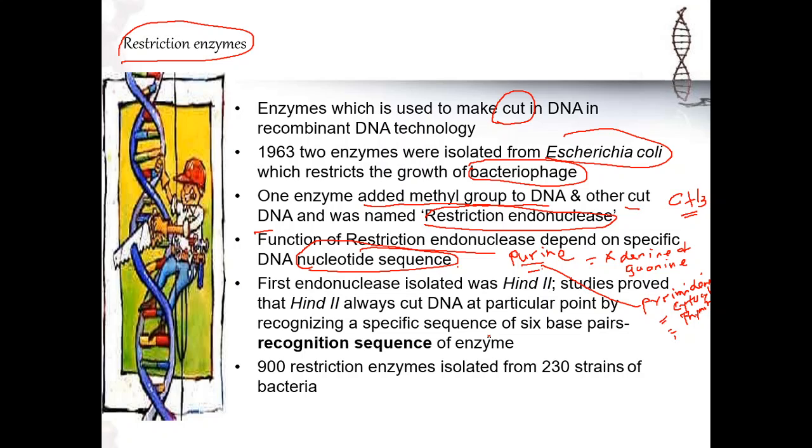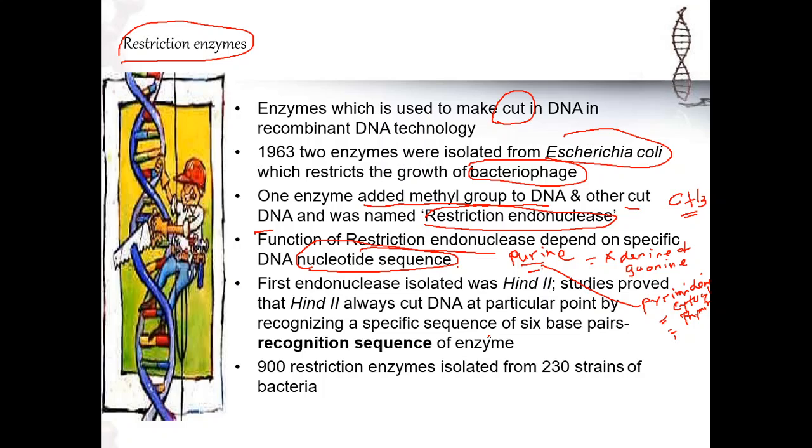Sa DNA, ang purine is adenine and guanine. Again, sa DNA din, ang pyrimidine, meron tayong cytosine and thymine. But meron tayong RNA. Doon sa RNA, ang purine, the same, meron tayong adenine and guanine. But doon sa pyrimidine, under sa RNA, we have the cytosine and uracil.